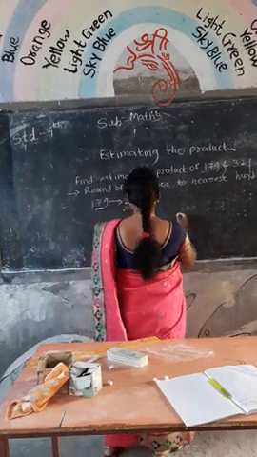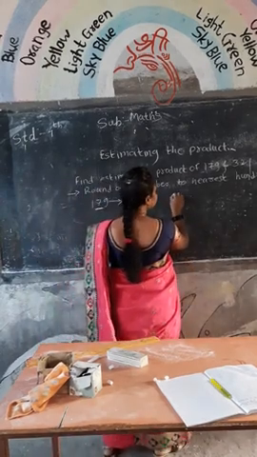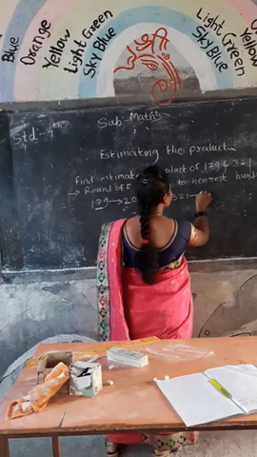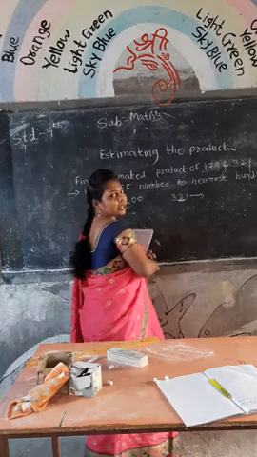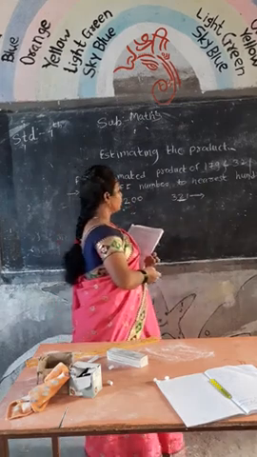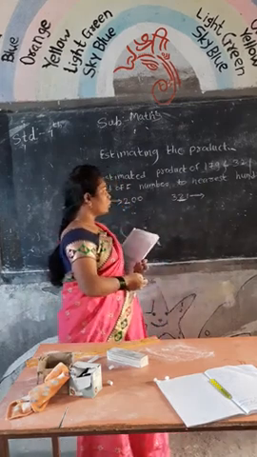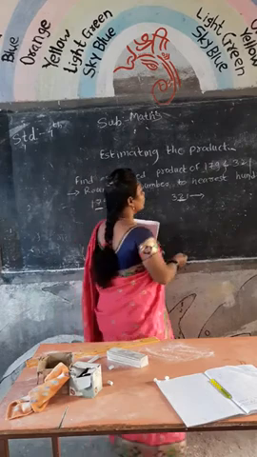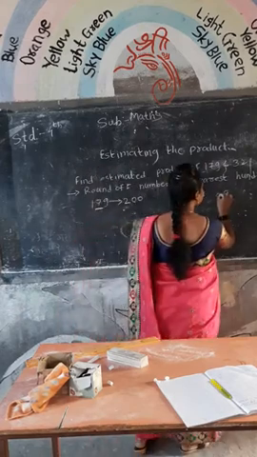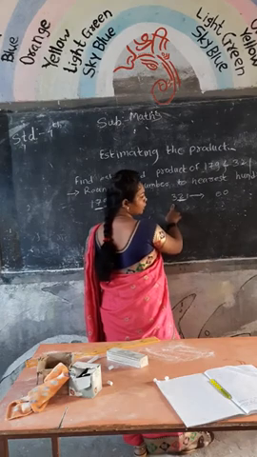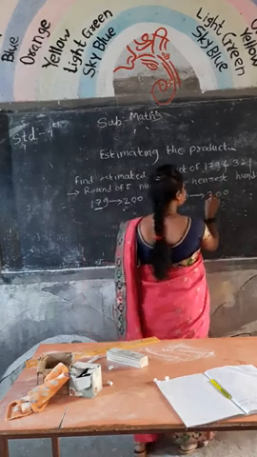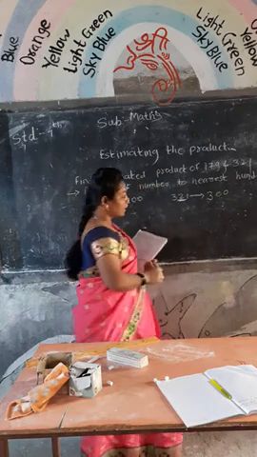Then the second number is 321. Consider tens place digit 2. The digit is less than 5. So take ones place and tens place digit as 0 and the hundreds place digit does not change, as it is, 300. Rounded number is 300.